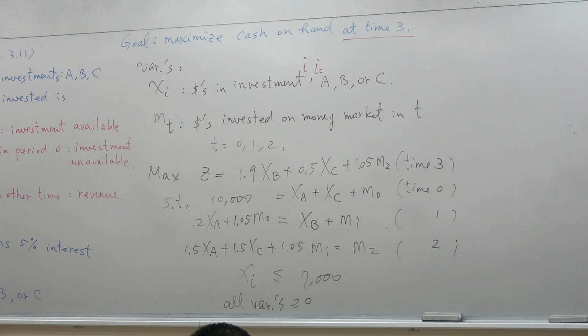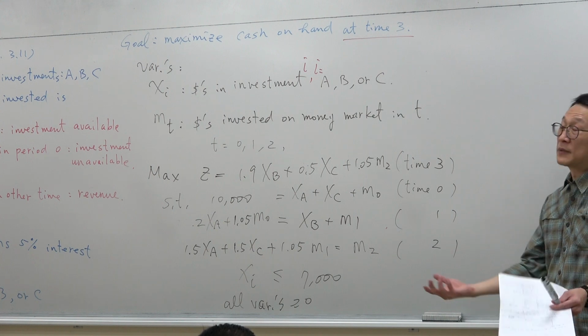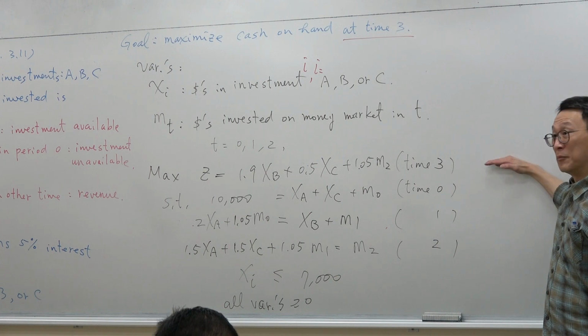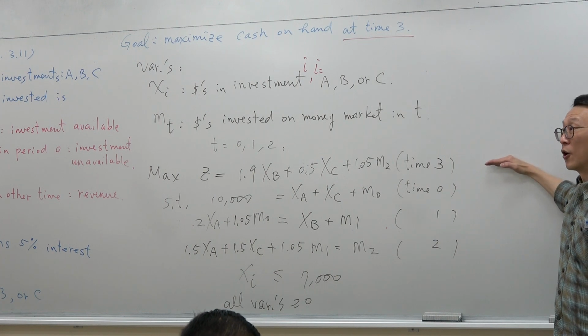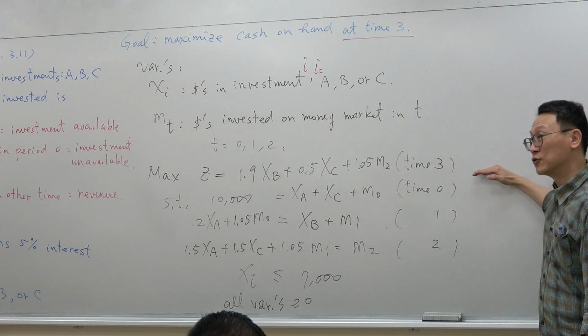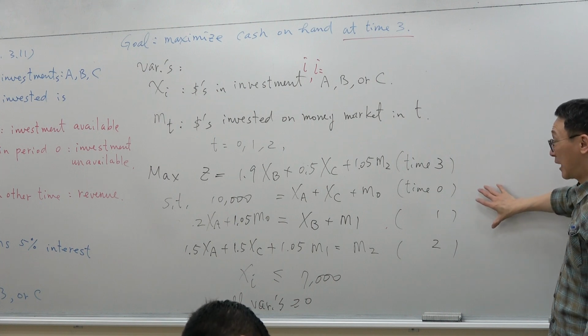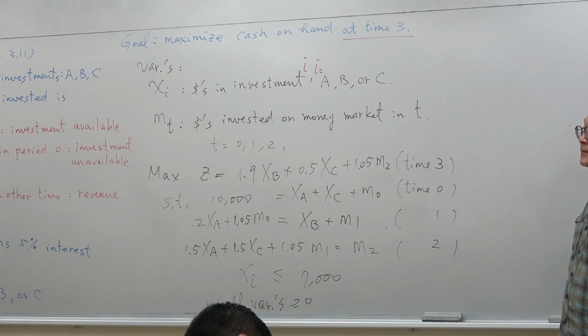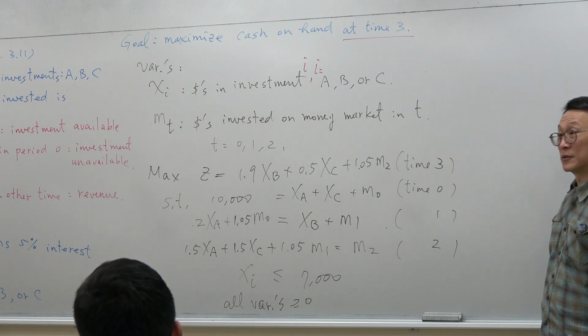So this example is just a different option when you write down the formulation. Sometimes we cannot write down the objective function immediately, because the objective function is sometimes the result of the constraints.